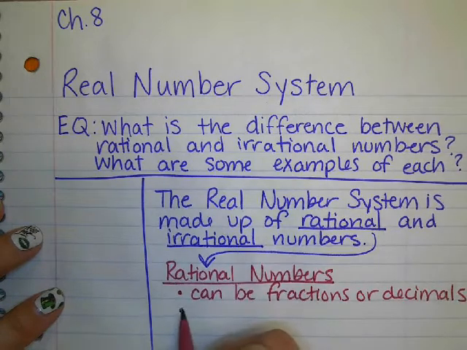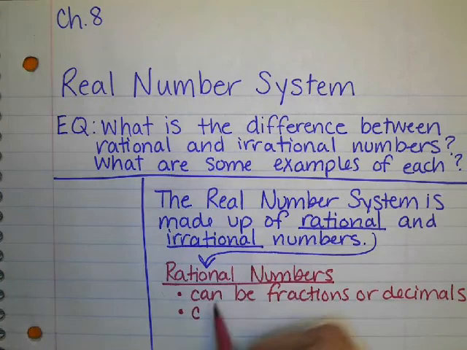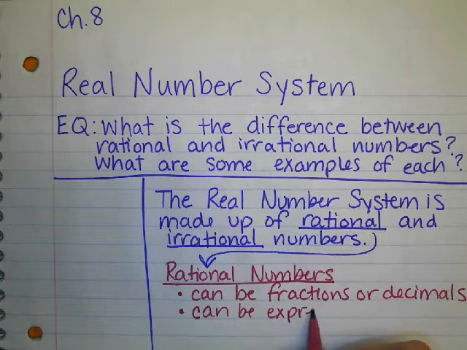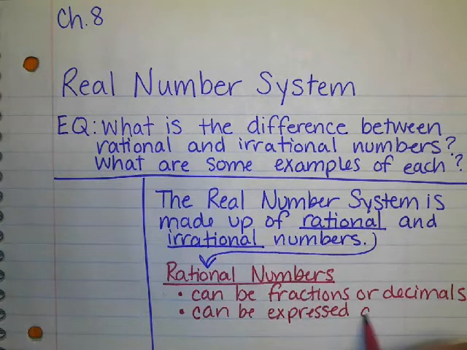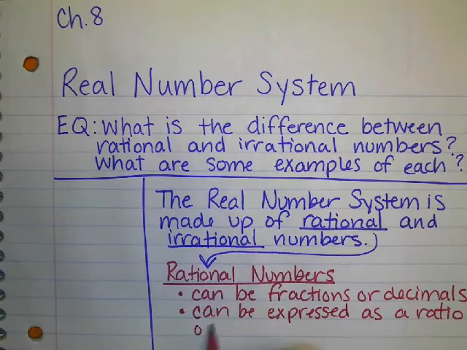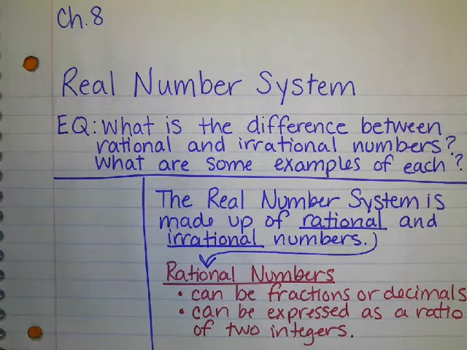They can be expressed as a ratio of two integers. And all that means is it's a fraction. So let's write some examples down.